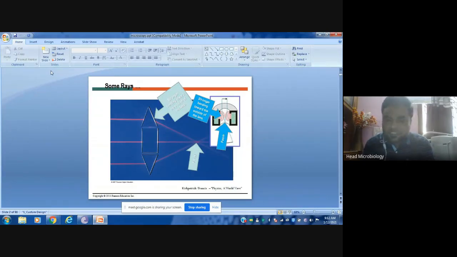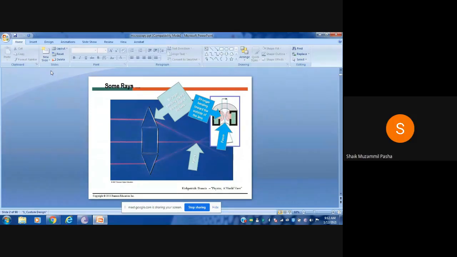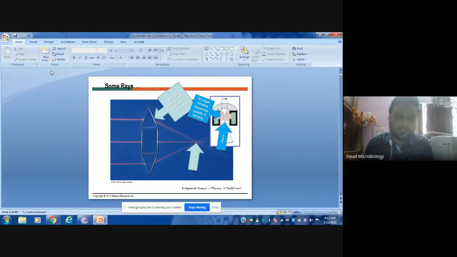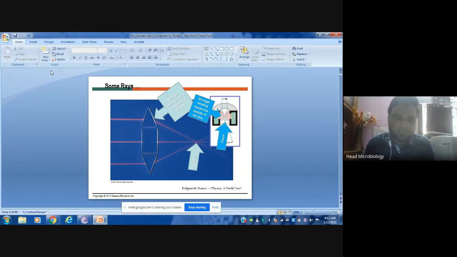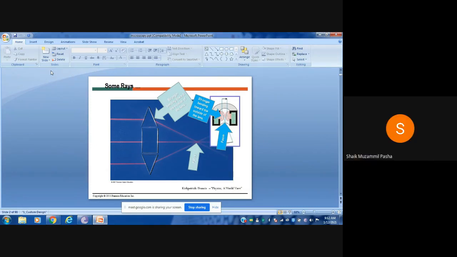Okay, what is reflection? What do you mean by reflection? When the ray gets reflected while touching the surface. The ray goes back again.